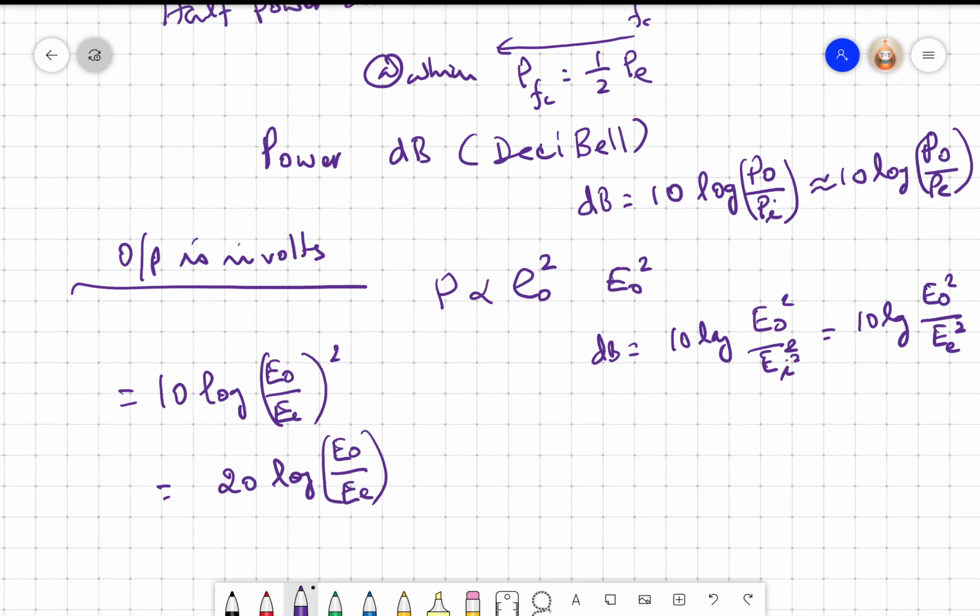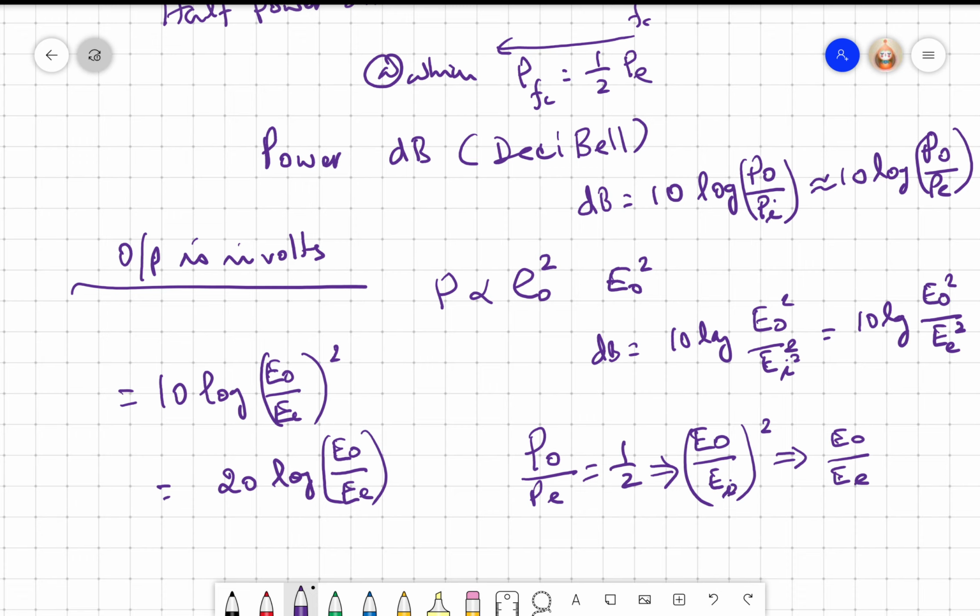That's the power level. If P naught by P expected is equal to half, E naught by E expected square is half, so that leads to E naught by E expected equal to 1 by root 2.